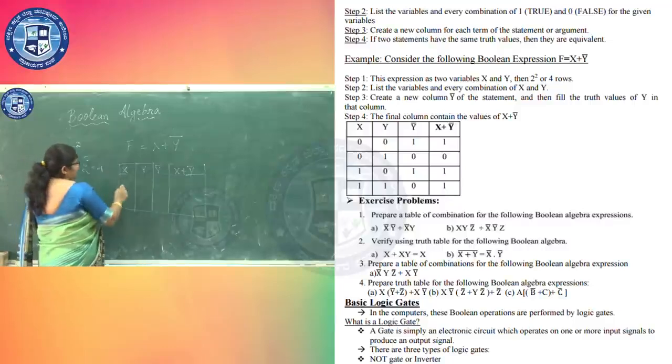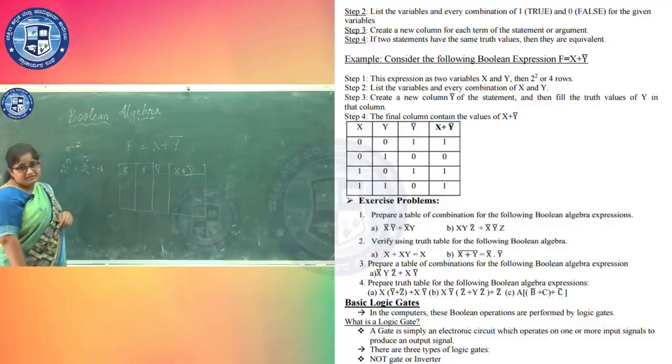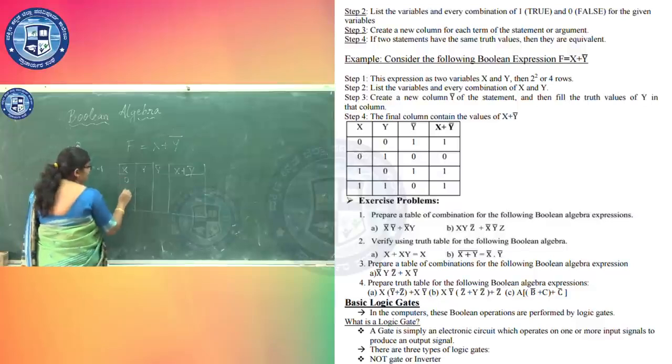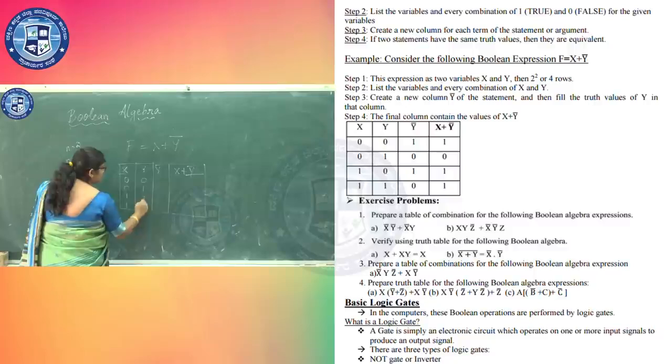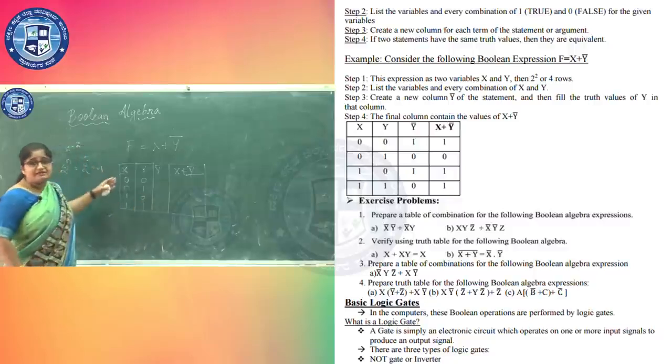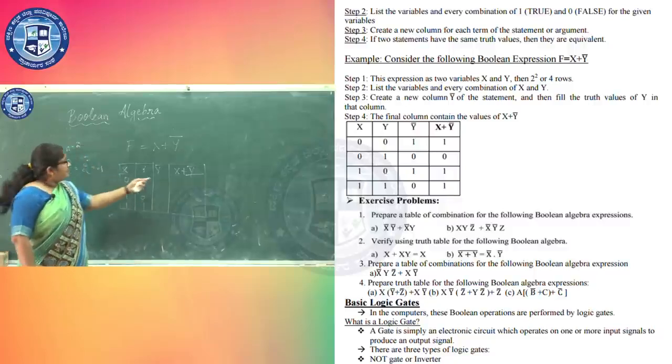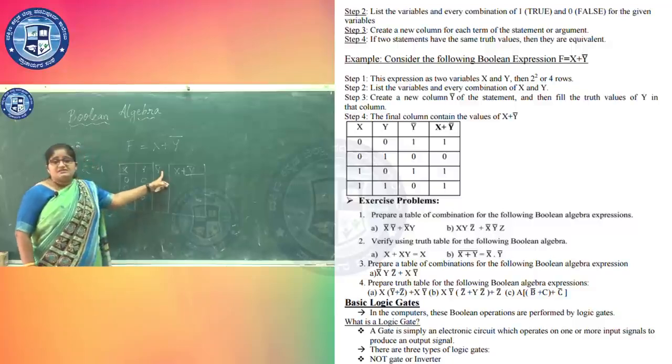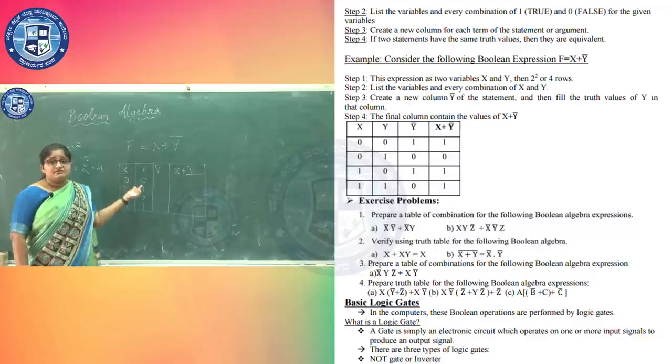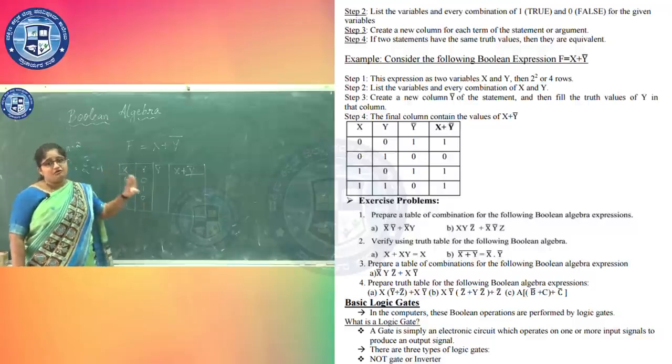Now we will have to have 4 possible values, that is 0, 0, 1, 1, 0, 1, 0, 1. These are the possible values of x and y. The next column is y dash. Y dash, I have told you previously, is the value which is the opposite of y.